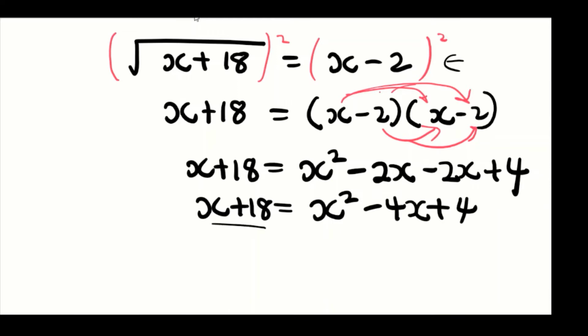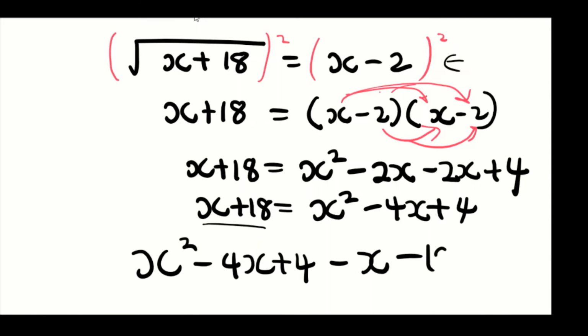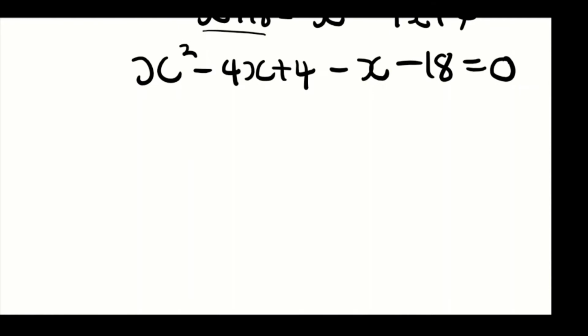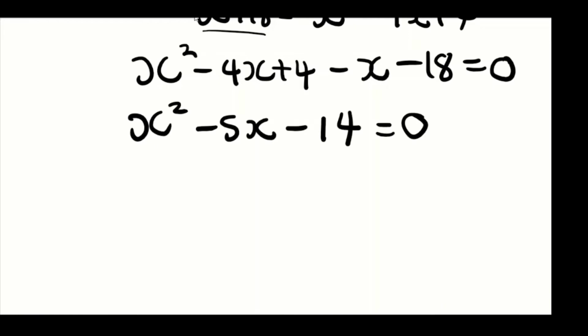Transpose this to the other side, and we'll have x squared minus 4x plus 4 minus x minus 18 being equal to 0. So you're going to have x squared minus 5x minus 14 being equal to 0.